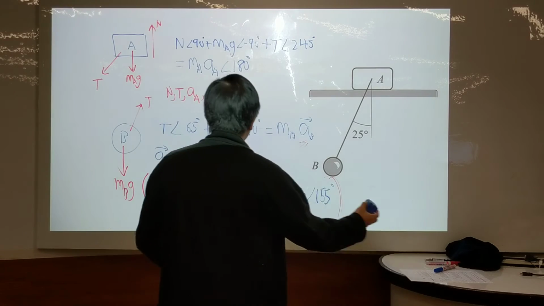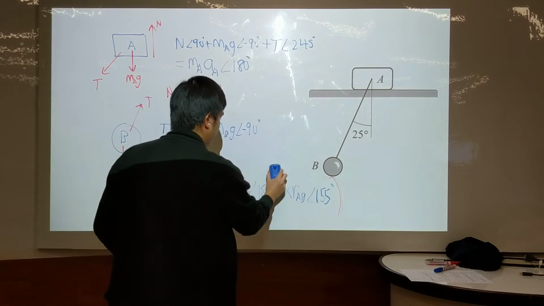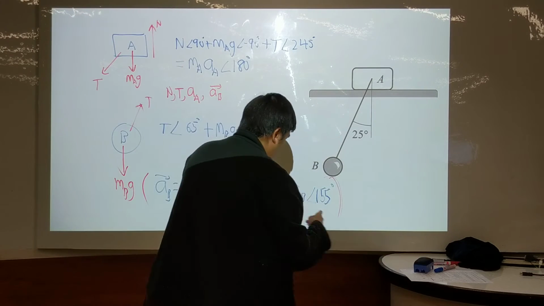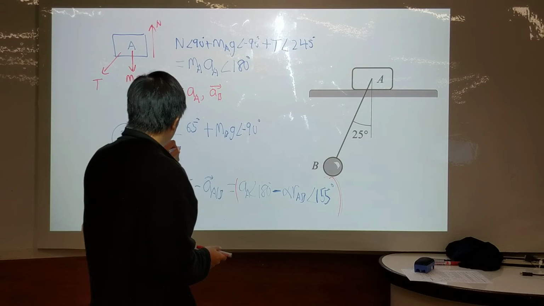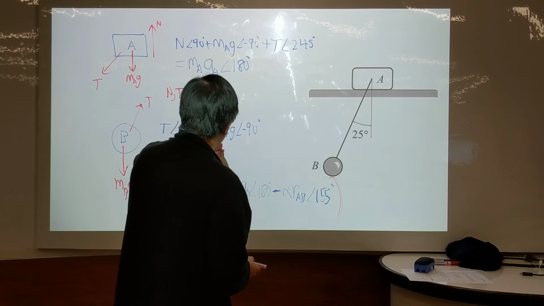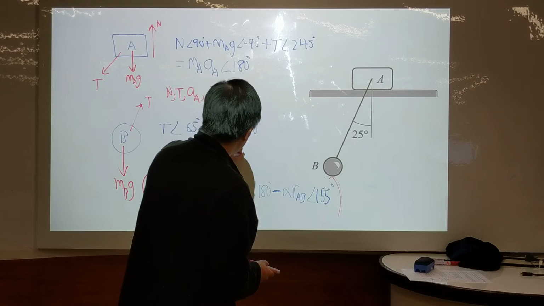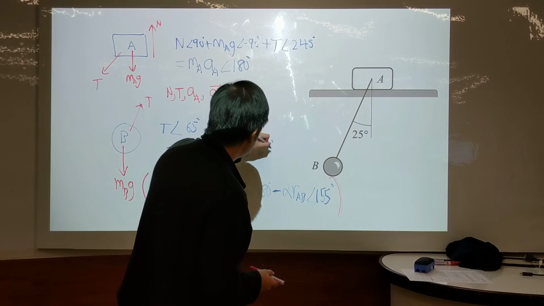So if I do some manipulation, and I cancel this thing, I substitute this into here, what I get is actually this equals AA, direction 180 degrees, minus alpha RAB, direction around 55 degrees.